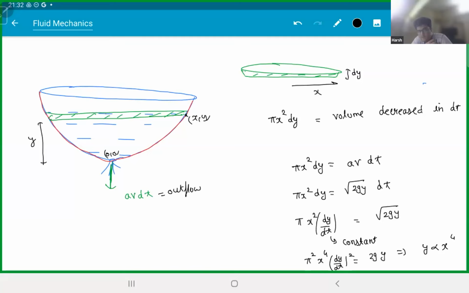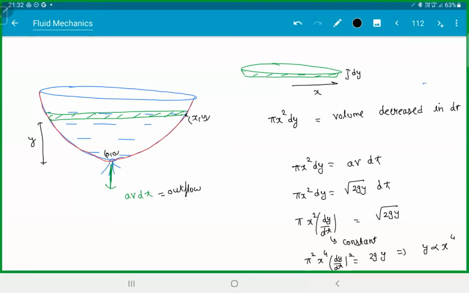Sir, because it's for small holes, you removed A, right? Yeah, because it is a small hole, or else it will be quite messy, because that capillaries will keep changing, no? Sir, but just in case we had not removed the A, couldn't we just treat it as a constant?